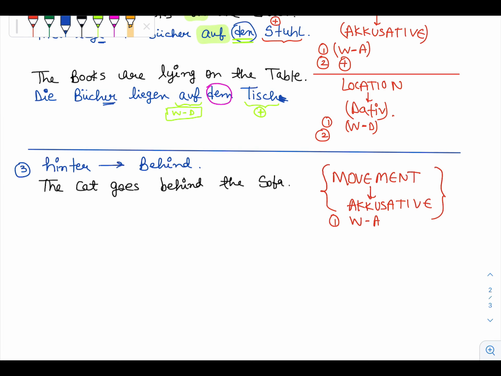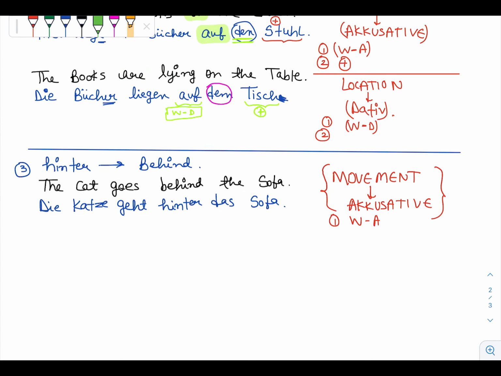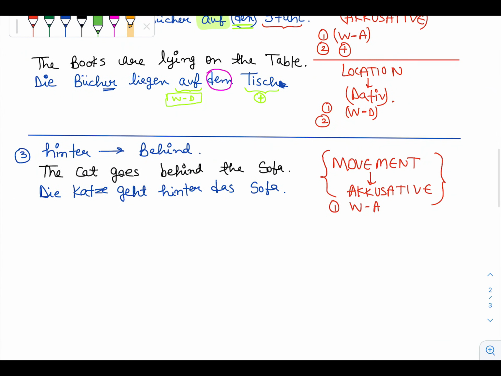Now we write in a German sentence, die Katze geht, now our preposition hinter, das Sofa. Okay, now what is nominative in this sentence? Again I told you, whenever someone asks about the nominative, the first thing that should come to your mind is the subject in a sentence.